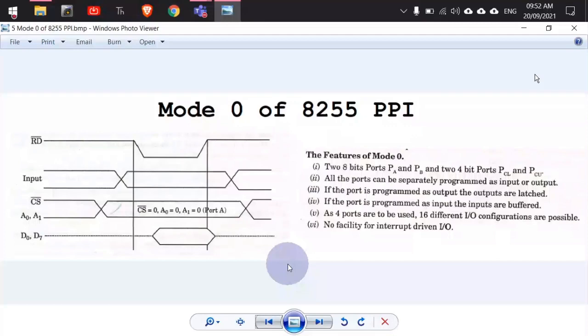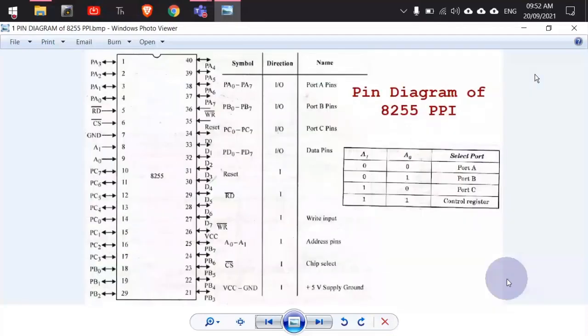Now tell me why this timing diagram does not have time. Can anyone explain why timing is absent?